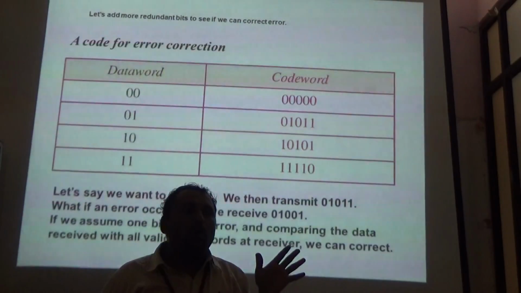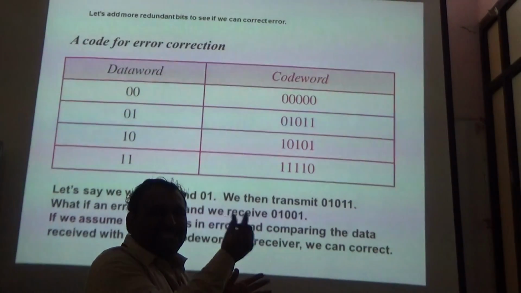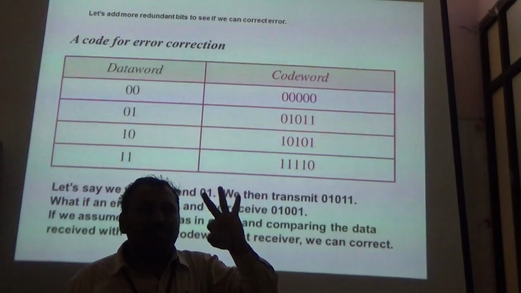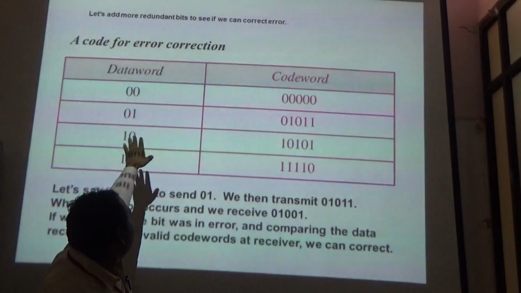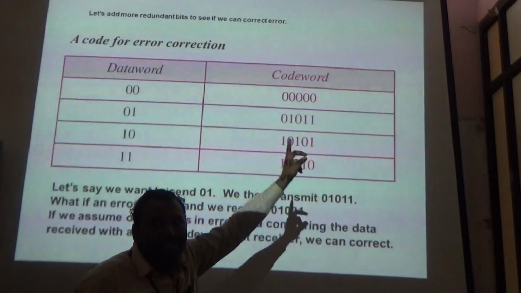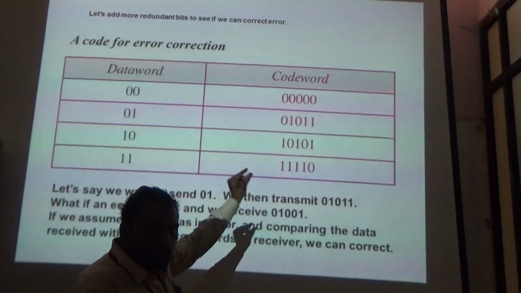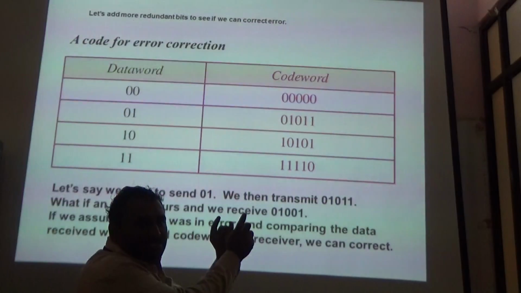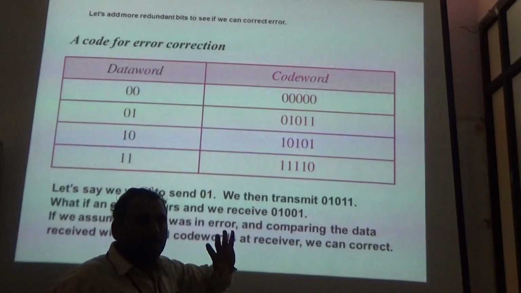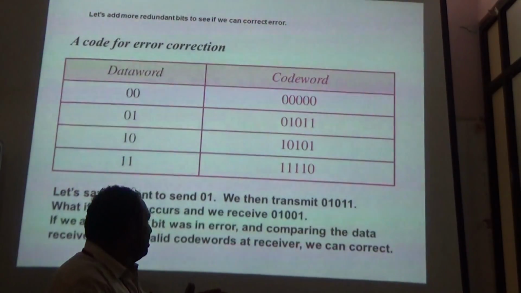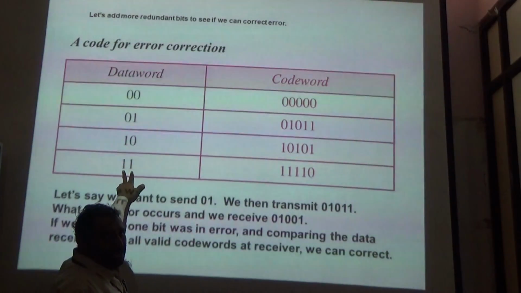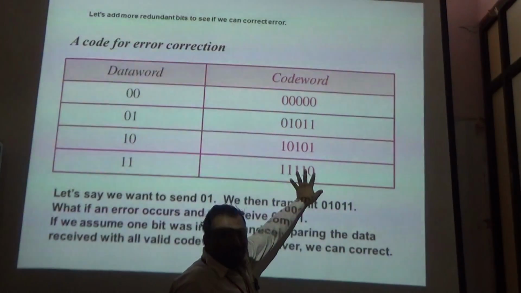That means the value of k, the number of bits in the data, is 2, but the redundancy for one data word is 3 bits. So the data word is 0, 0, but the code word is 0, 0, 0, 0, 0. In short, for 2-bit data we have added 3-bit redundancy. So instead of 2-bit data we will be transmitting 5-bit data, which is a heavy task, because our data transmission is 2 bits per data, but now we are transmitting 5 bits per data.